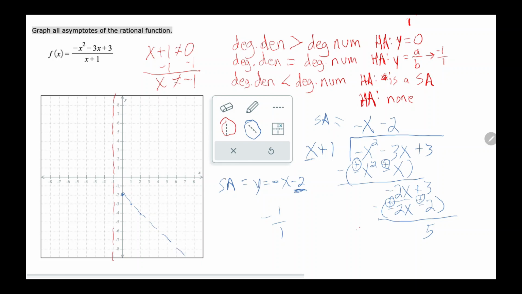And it would go this way, right? I'm off. There we go. Pretend that was a nice straight line. And now we would have graphed all the asymptotes of this function. I hope this is helpful.